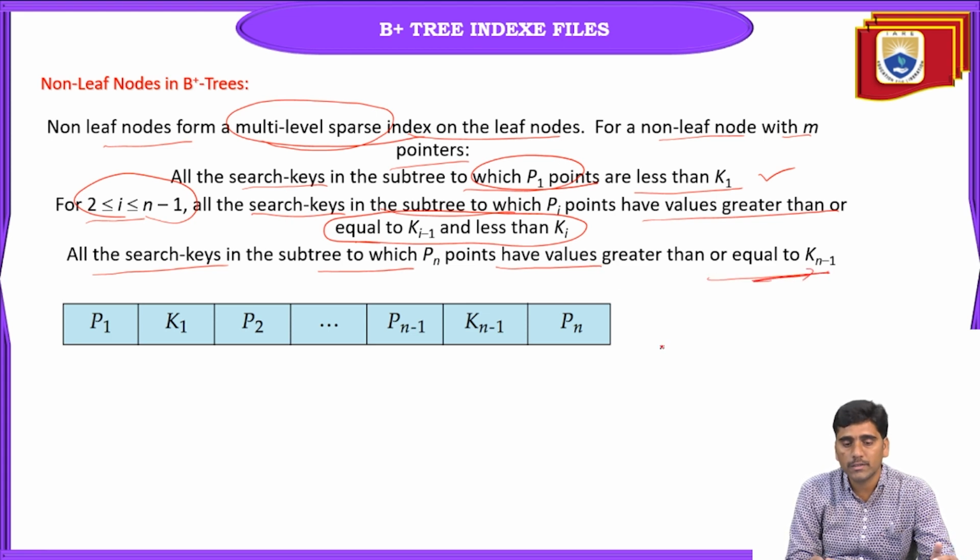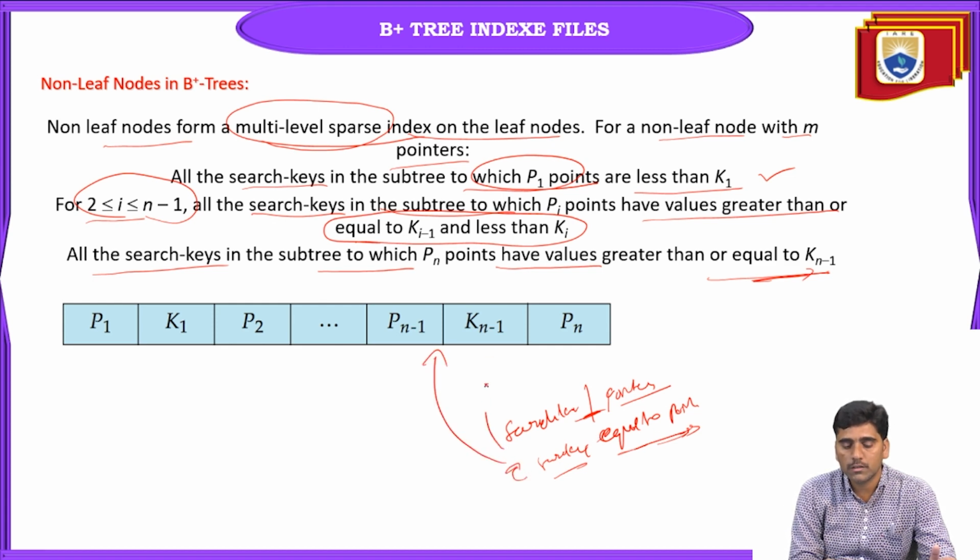So the condition represents that the search key values should not be greater than the pointers, as well as the search key values can be equal to the pointers. Then only are the search key values in the node structure going to point to the records of the data.